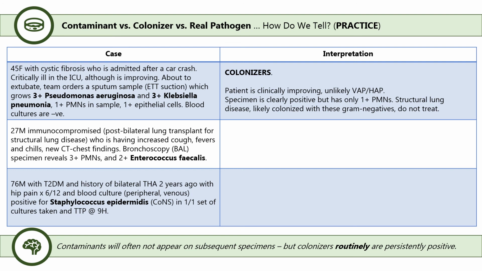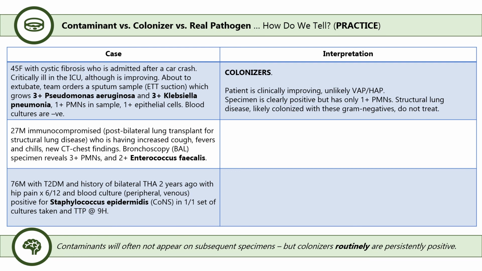But this is unlikely a pneumonia based on the fact that our patient's already improving. The specimen is clearly positive, but only has 1+ PMNs in the gram stain, so not indicative of abundance of inflammation. The patient also has structural lung disease and CF, so is likely colonized, as they are very common to be colonized with gram-negatives, so I would not treat this Pseudomonas or Klebsiella.